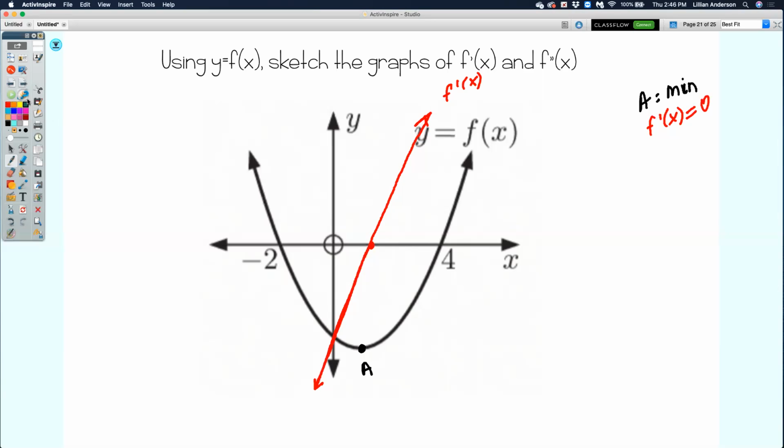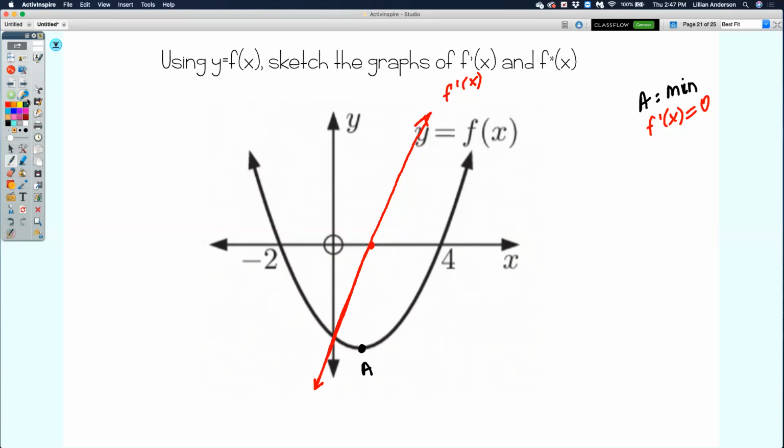If the concavity is the same from negative infinity to positive infinity, it's concave what? Up. It's concave up. So if it's concave up from negative infinity to positive infinity, that means that the second derivative needs to be what? Above the x-axis. It needs to be above the x-axis because it's positive.